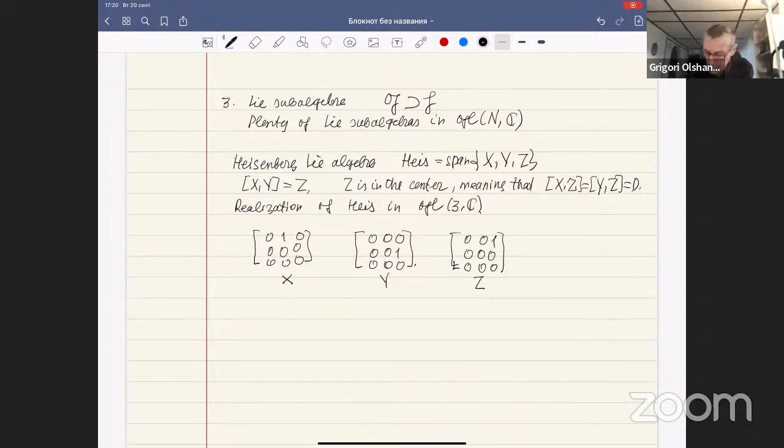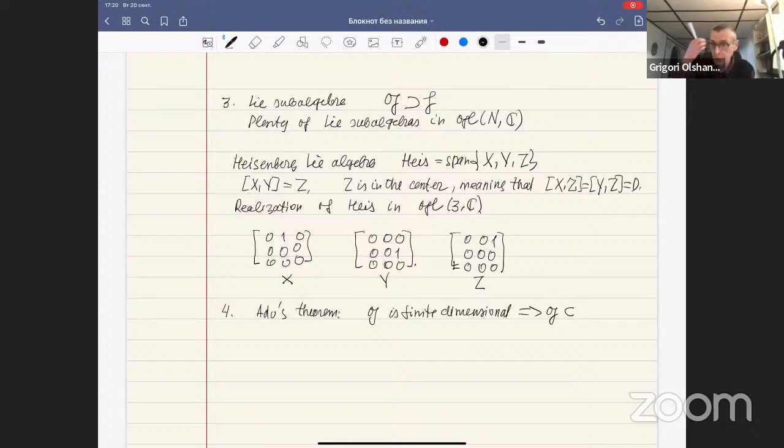And more generally, we have the Ado theorem, which says the following: if g is finite dimensional, it can be embedded into some gl_m.